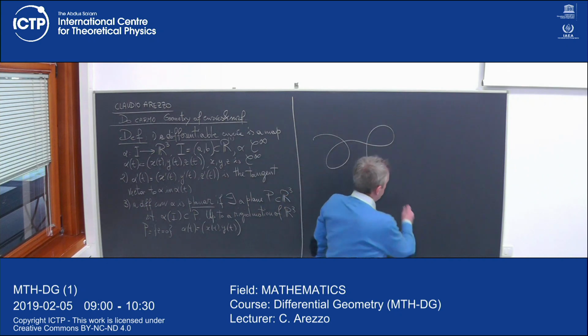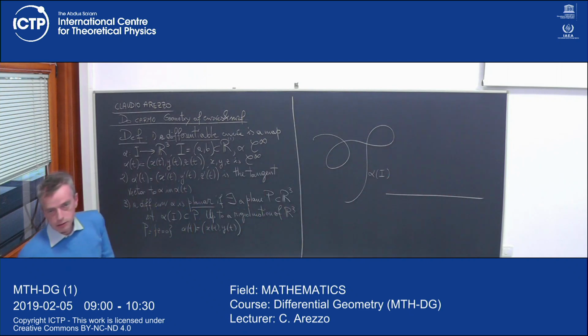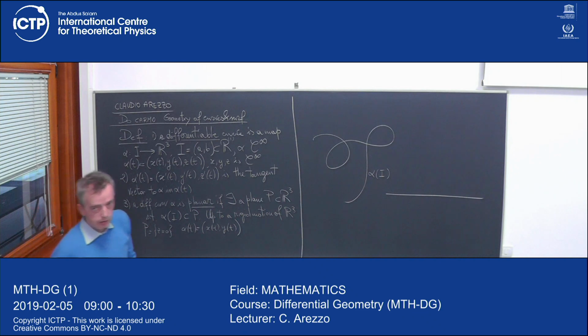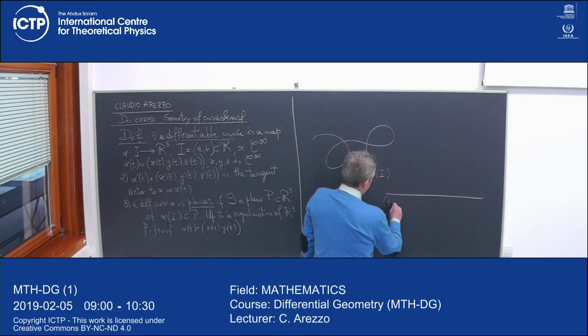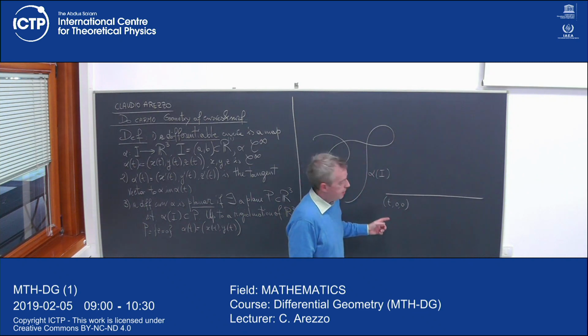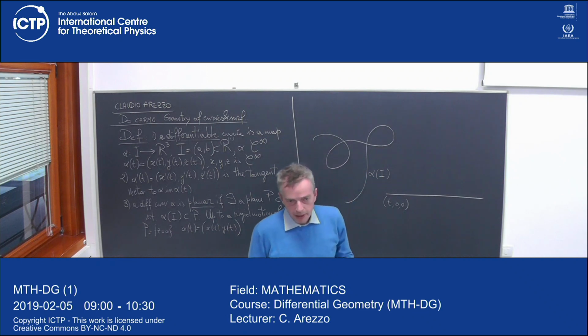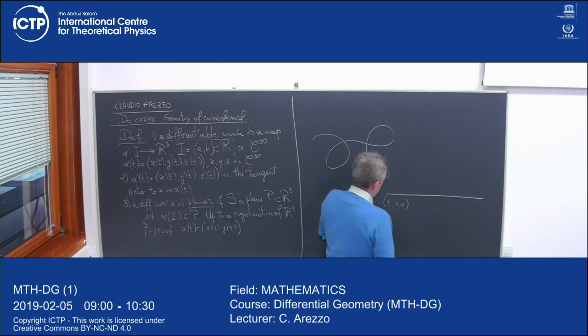Think, for example, when you think of this, you should build your simplest example. The real line, of course. This is t, the most stupid parameterization. Why am I saying the real line? Because I have some kind of filter in my brain which tells me to choose the simplest. But this object here is also arctan.